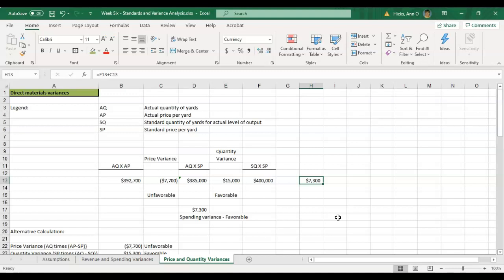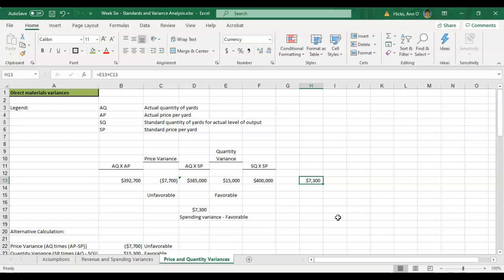Now, we can think of a number of reasons why this might happen, but here's the critical piece. To find out why this happened, we need to go in two different directions. The price we pay for our direct materials is probably determined by the purchasing manager, who makes the decision as to where and at what price we purchase the materials.